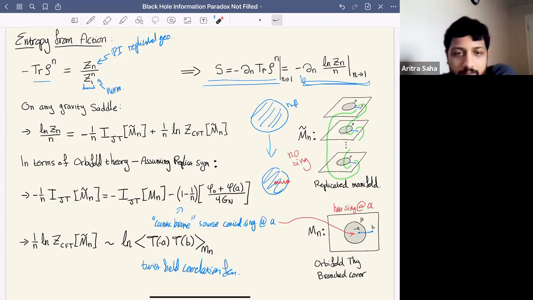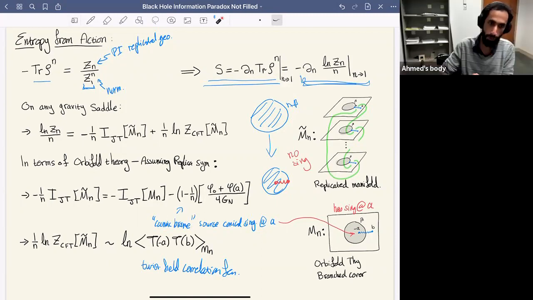Okay, I see. So if your A is on the boundary, then I think the cosmic brane term wouldn't be present. Exactly, but A cannot be on the boundary, right? Because we said that the circle here goes from n beta to beta.